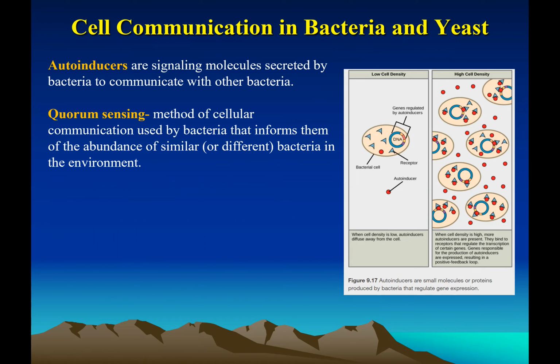But bacteria are very, very smart. They use something called quorum sensing. So quorum sensing is a type of cellular communication used by bacteria that will inform them about the abundance of bacteria in the environment. So it's kind of like they will gang together and thereby they can escape the body's immune system. And also it becomes resistant to antibiotics.